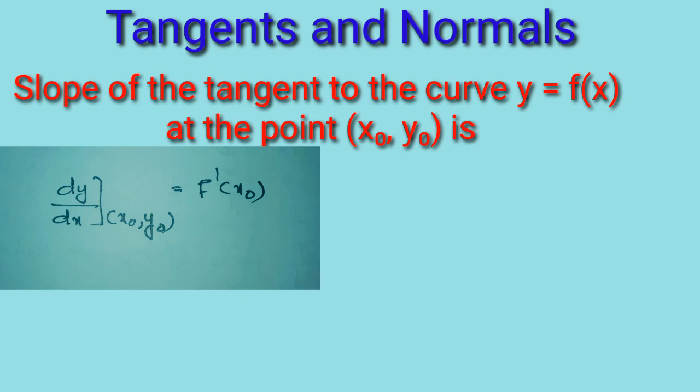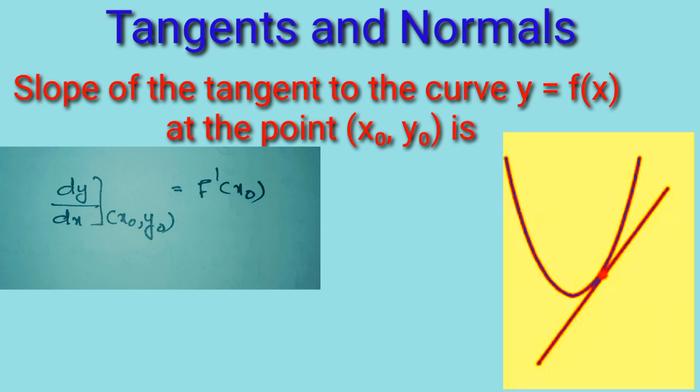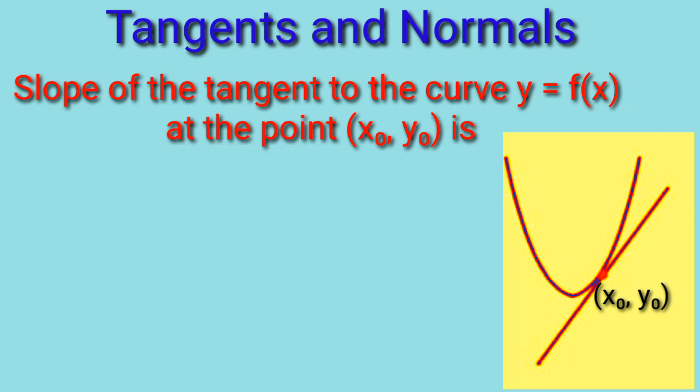Let this be a curve. The slope of the tangent to the curve y equals f of x at the point (x0, y0) is dy by dx at (x0, y0), that is equal to f dash of x0.